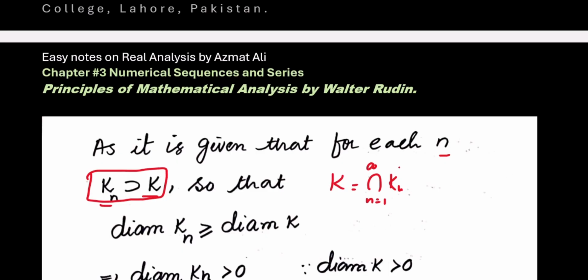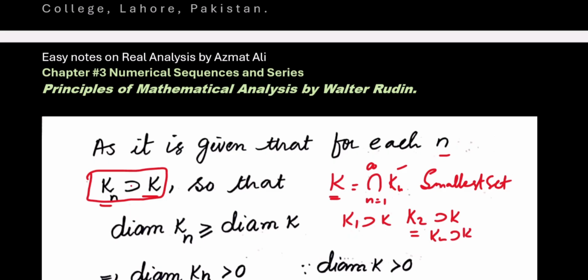So this intersection gives K. As the intersection is always the smallest set, it means your K1 is a superset of K, your K2 is a superset of K. It means all of these Kn will be supersets of K. So that's why I have written here Kn is a superset of K. So if Kn is a superset of K, then diameter of Kn is greater than or equal to diameter of K.